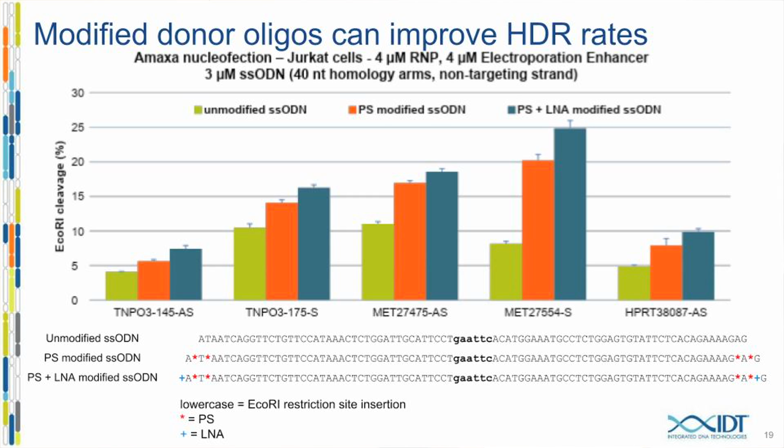And that only makes sense, because this limits the ability of exonucleases to nibble in on the template. And again, remember the hazard that exonucleases represent. Now you can get some more boost by adding LNAs, but on a cost for dollar benefit ratio, the phosphorothioates are cheap and you get most of the benefit from those.